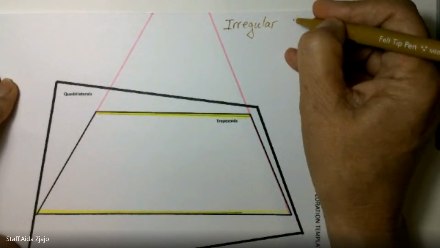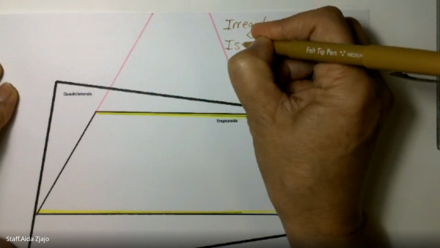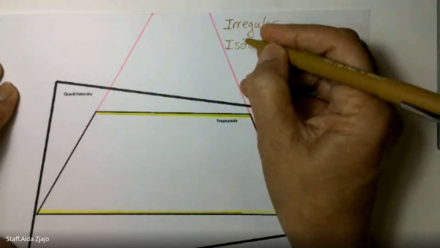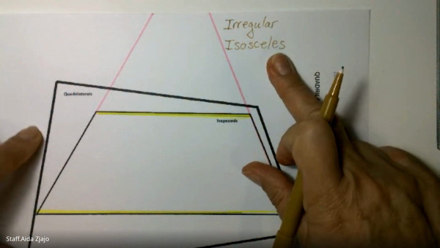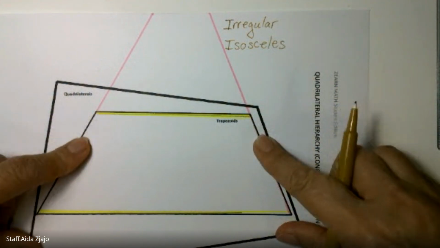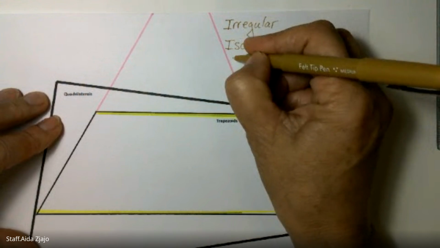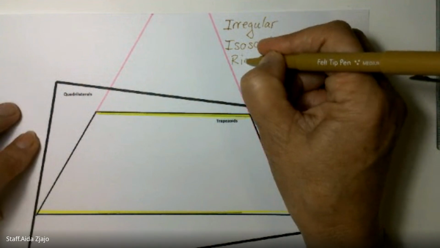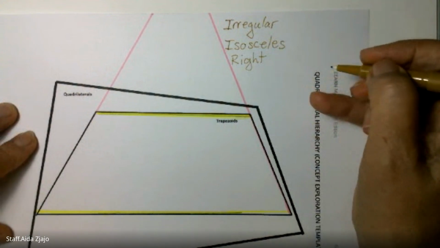Irregular trapezoid. Then we have isosceles, and isosceles trapezoid will have these two line segments congruent. And then we also have a right trapezoid, which has two right angles.